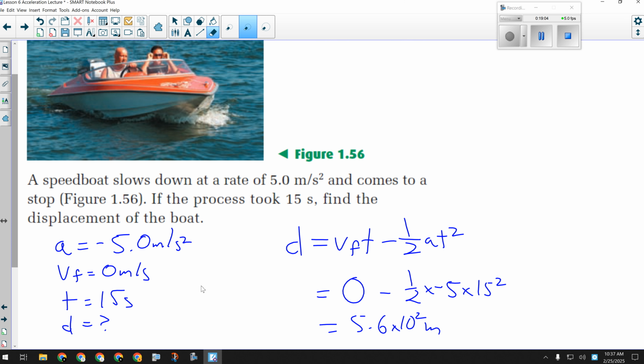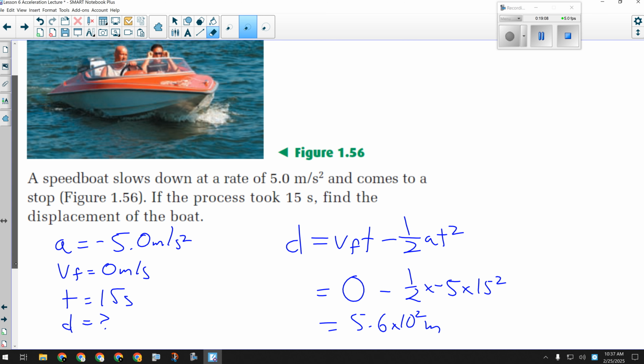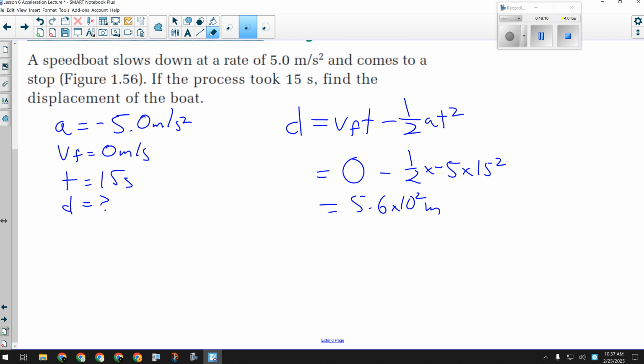All right, everybody okay with that formula? Let's quickly look at the algebra for that formula. D equals VF times T minus 1/2 AT squared. If I wanted to solve for VF, what would I do with the 1/2 AT squared?